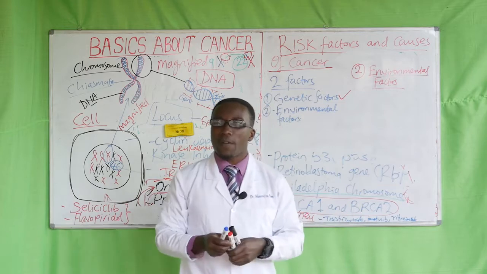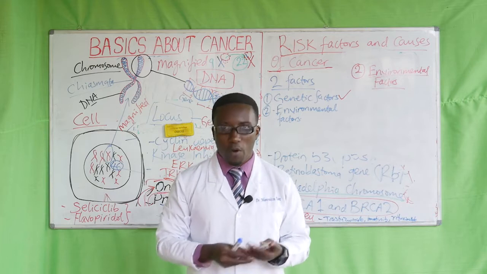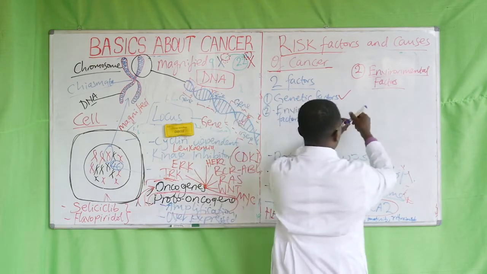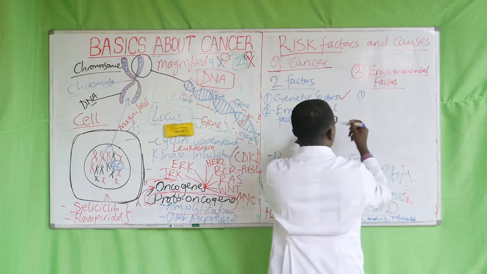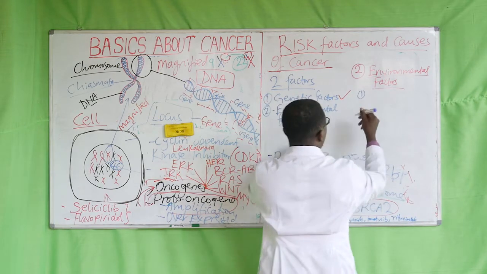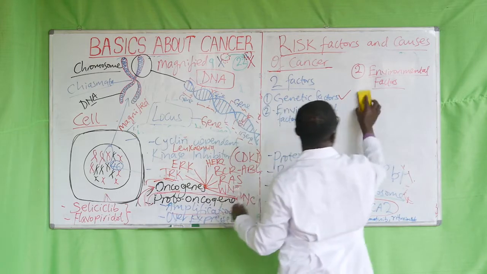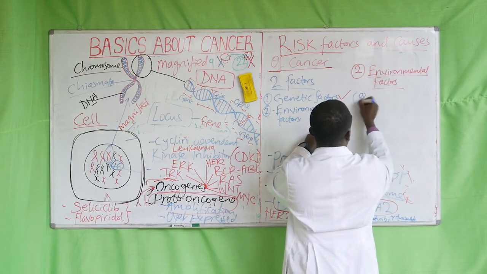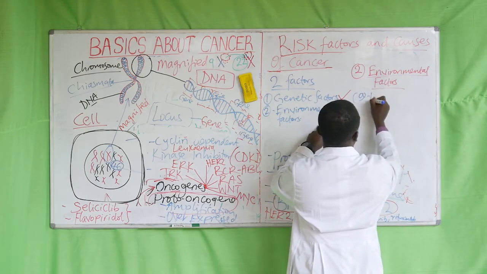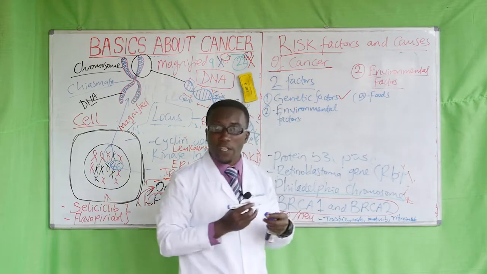So let's look at categories. Category number one. Let's use alphabet. Category A, we have the foods. Foods that we take in.